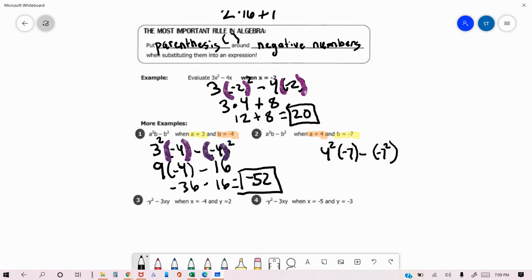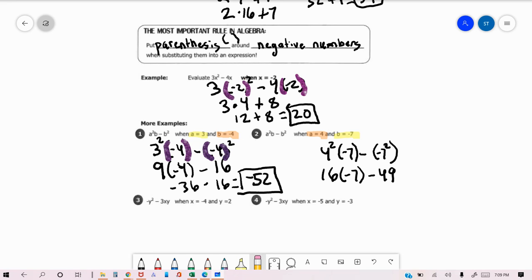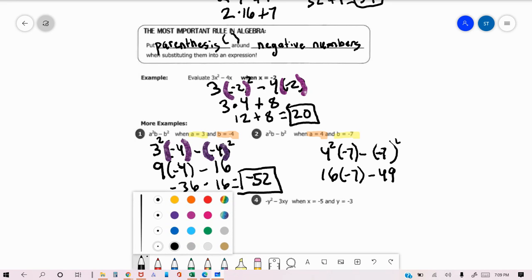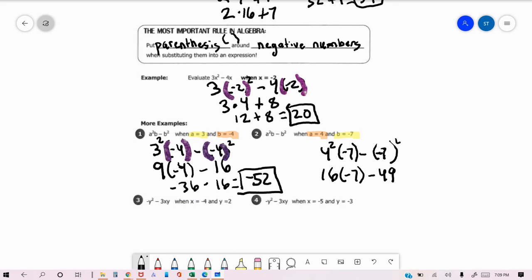Let's go ahead and do our exponents. 16 times negative 7 minus 49. Sorry, that square is supposed to be on the outside, but that's okay. Anytime you square a negative number, it becomes a positive.